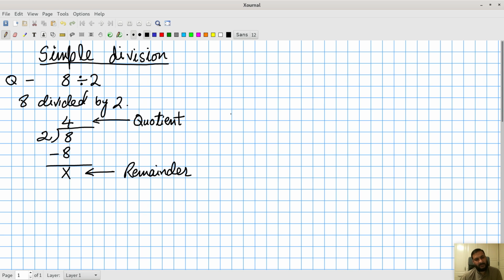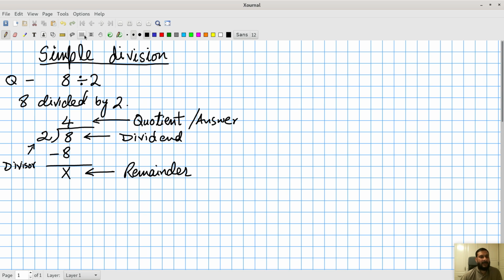So it's also the answer most of the time. And this one, technically, is known as the dividend. And this one is known as the divisor.